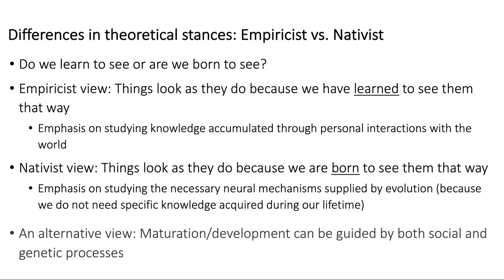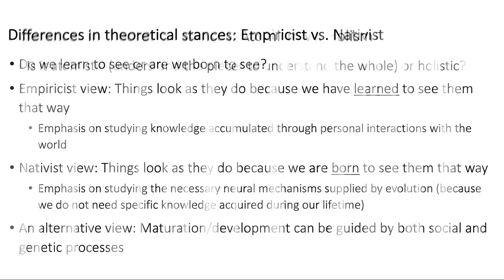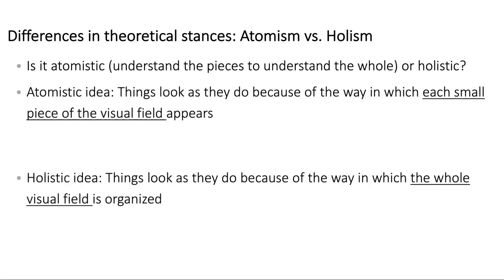Of course, there is also an account you may call the interactionist account, which says that there are both genetic processes and social processes that provide visual perception. Another dimension that defines these frameworks is whether you have an atomistic perspective of visual perception or a holistic perspective.